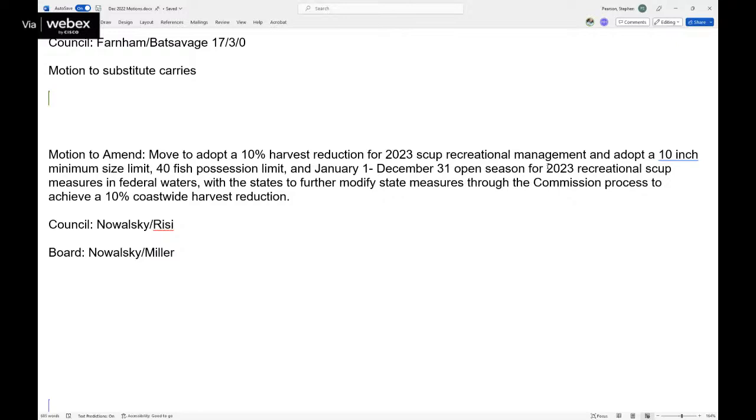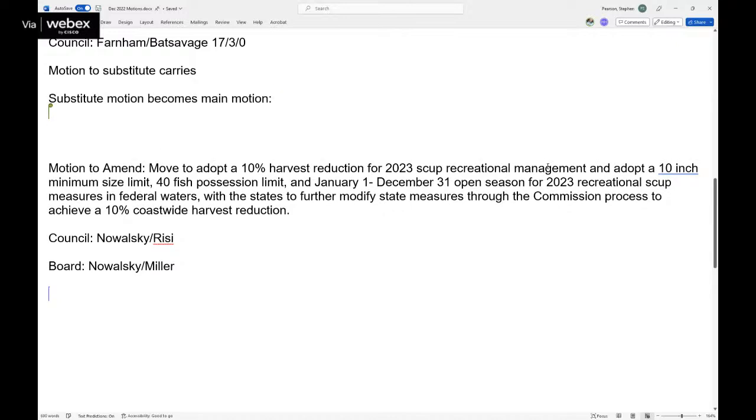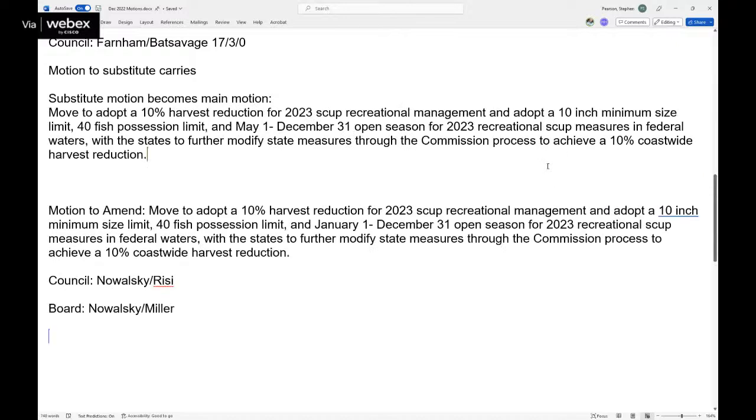And even though we're not going to really get a measurable benefit from having wave 1 closed, since no states north of North Carolina sample in wave 1, that doesn't mean there isn't some sort of unquantifiable reduction or benefit to the stock. They're essentially free fish when you have seasons open, but you're not monitoring that fishery. So that's why I cannot support this amended motion.